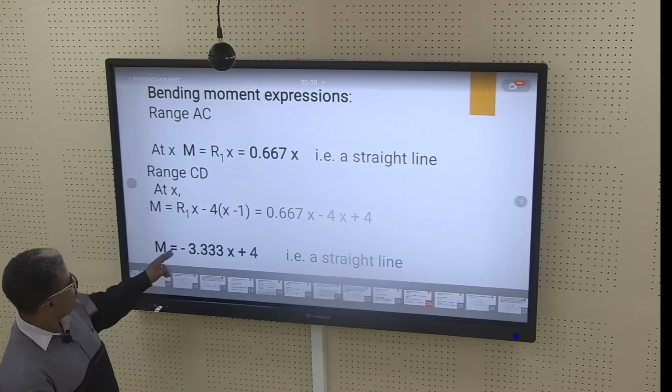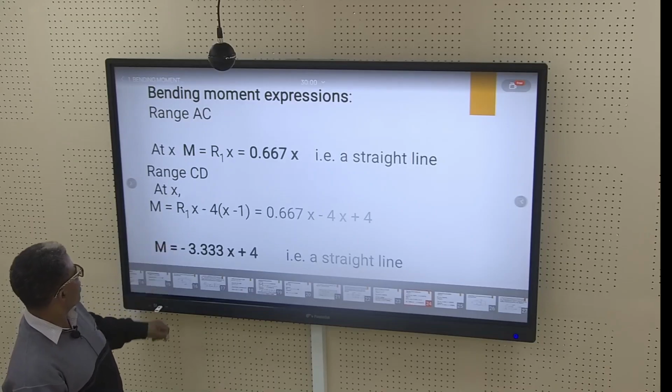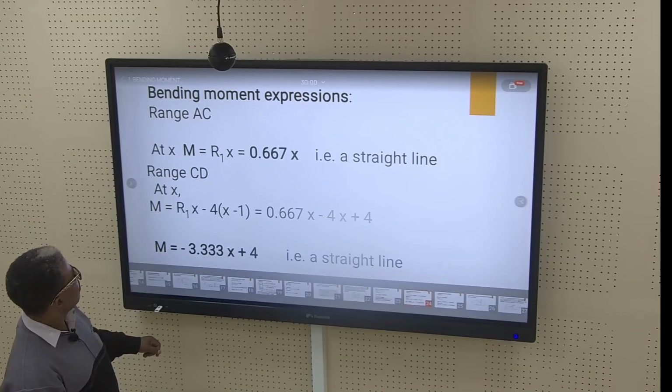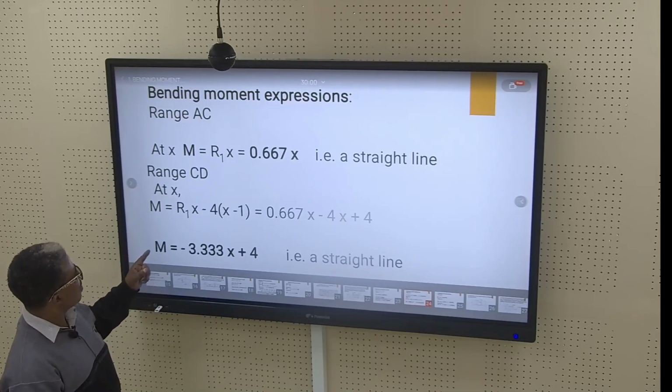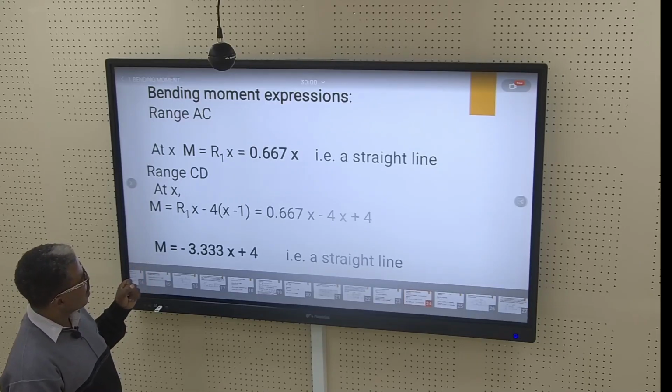So the range at CD, bending moment expression at x is equal to R1 times x, and you know what R1 is: 0.667x.